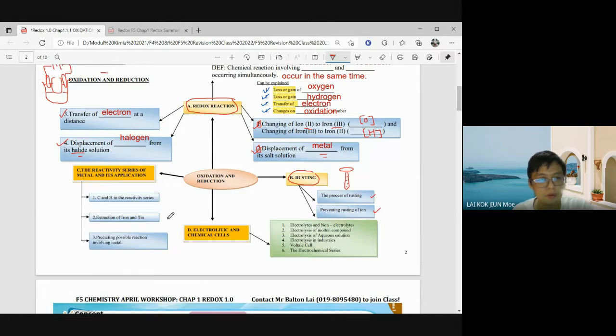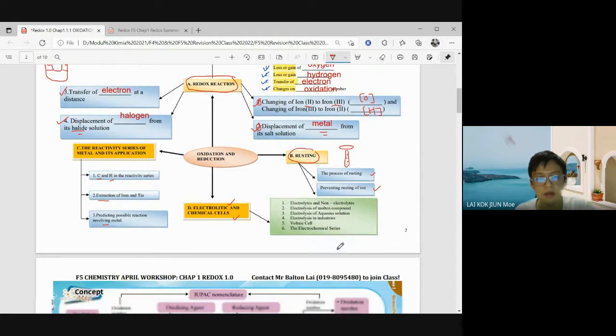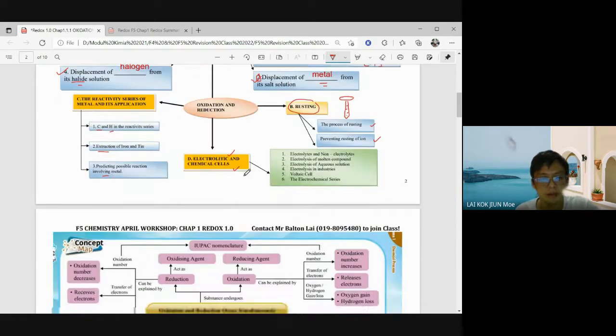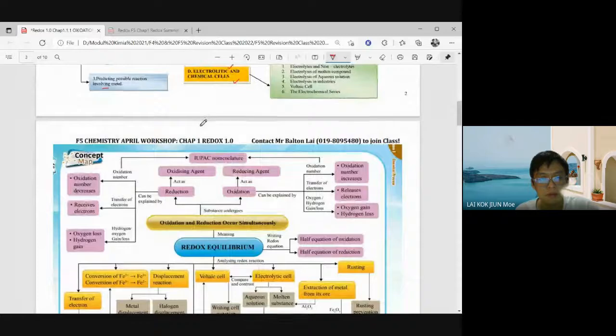And in part C, you will learn the reactivity series. When you heat it, what happened? Everything you will learn: carbon and hydrogen position, extraction of metal, and predicting their position. And part D is the electrolytic cell and the voltaic cell. All these will be covered in the syllabus, based on your textbook.